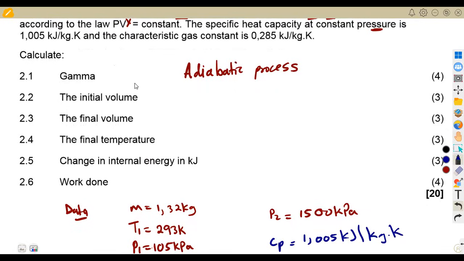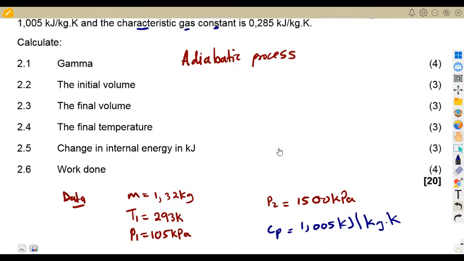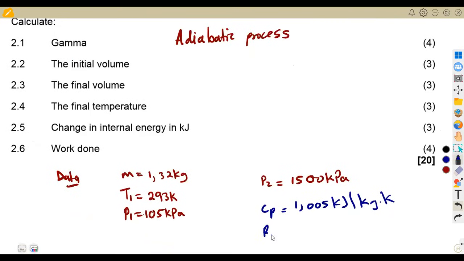At constant pressure, that will be Cp. And also we're given the characteristic gas constant, which is 0,285, which is the value of R in this case, all right? So we've got the value of R, which is 0,285. That is kilojoule also per kg Kelvin. All right. So that is what you are given, and this is an adiabatic process.